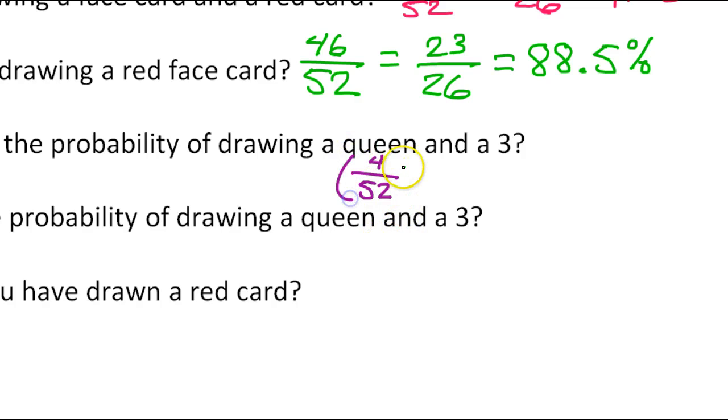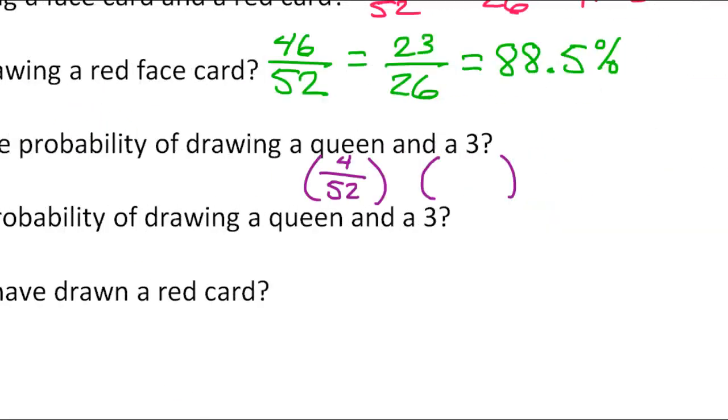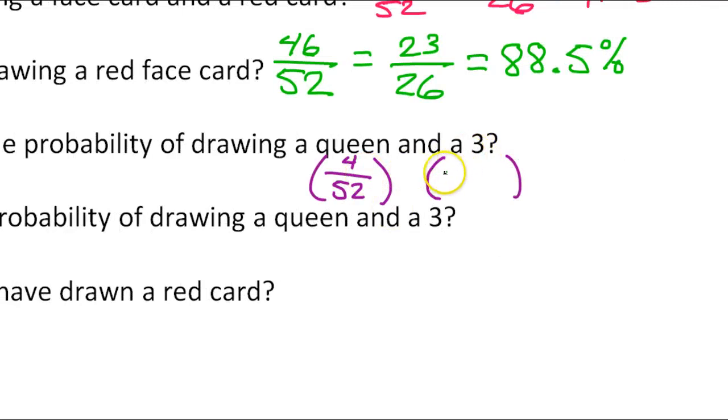Alright, so we pull out that queen. Now that queen's gone. Now we need the probability of pulling a 3. Now it said without replacement, so we do not put the queen back in the deck, and we reach for the 3. Now there are 4 3s, okay, but there are not 52 cards anymore. Now there are 51.